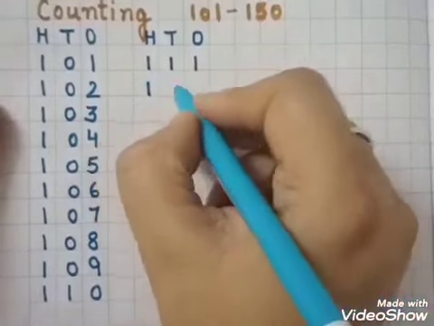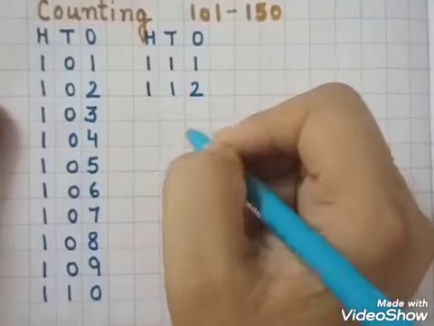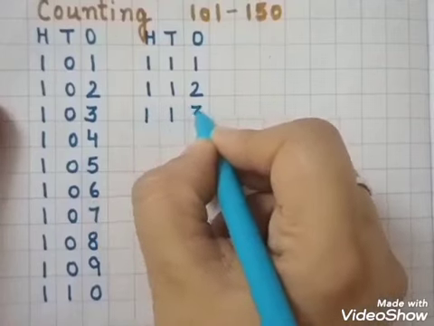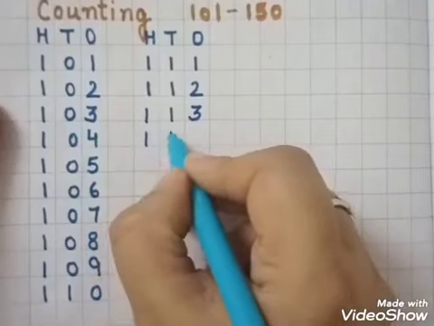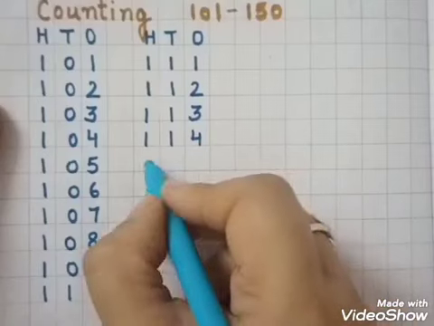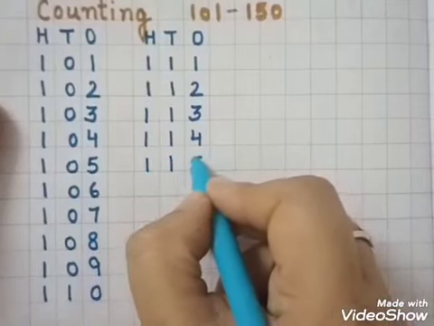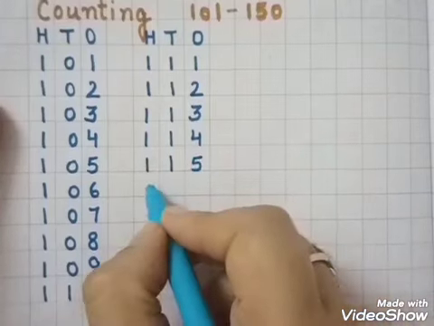Now write down 1, 1, 2. 112. 1, 1, 3. 113. 1, 1, 4. 114. 1, 1, 5. 115.